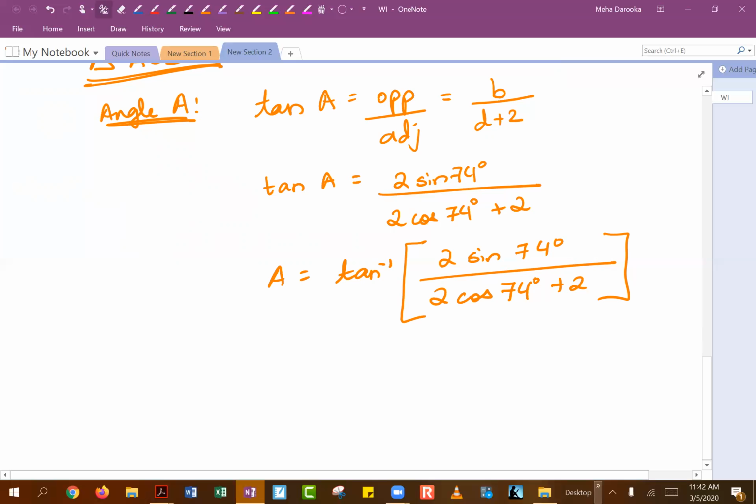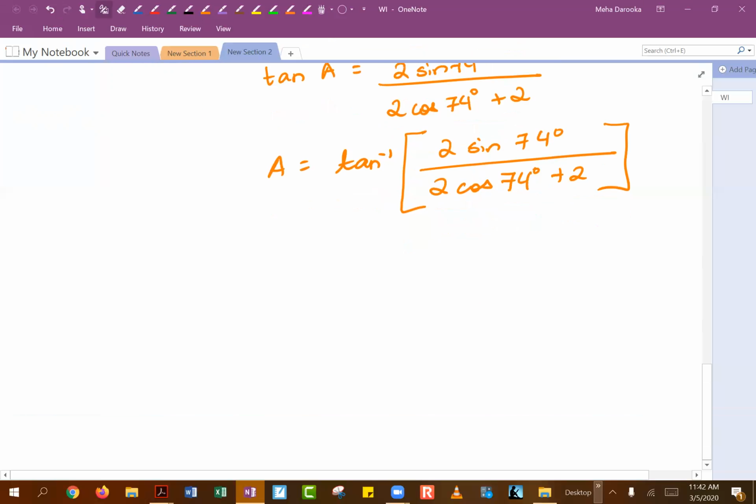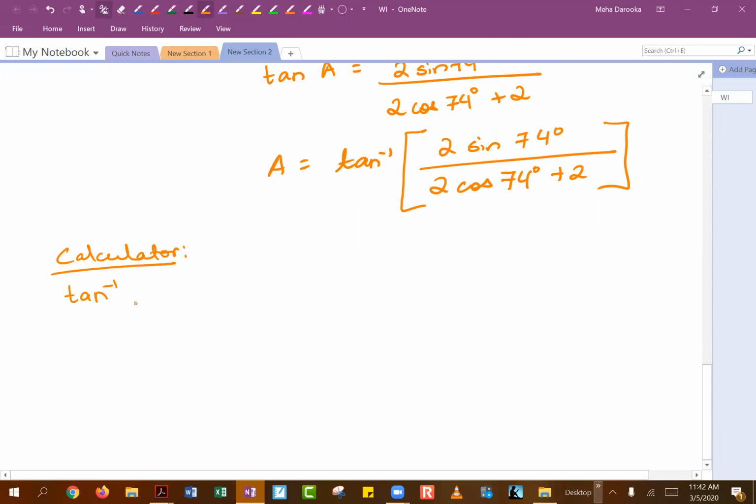When you are typing this in, of course, we're doing the tangent inverse function. For the entire numerator, I would put in one set of parentheses. I don't know if your calculator by default opens a parenthesis, but mine does. So it's going to end up looking like this on our calculator. You've got tangent inverse, open parentheses. I'm going to open another one.